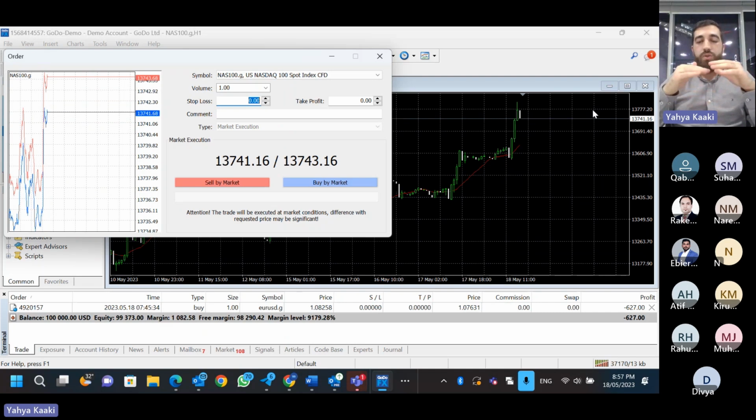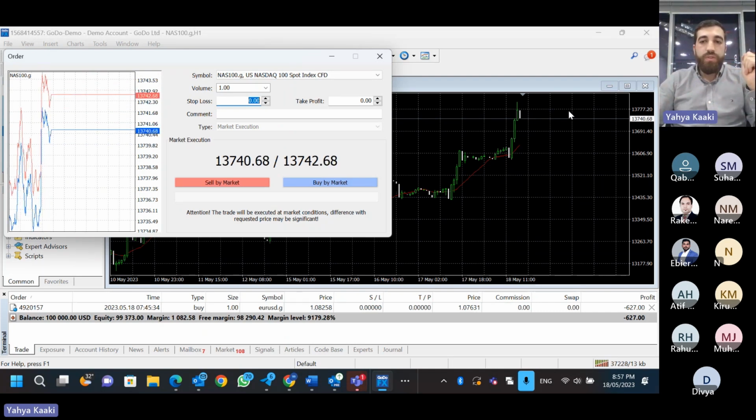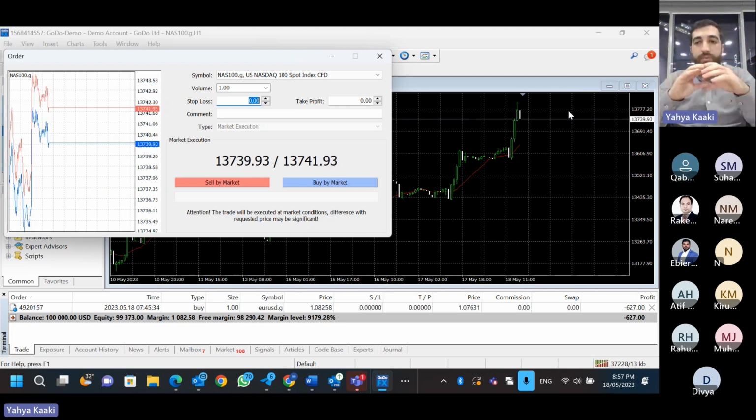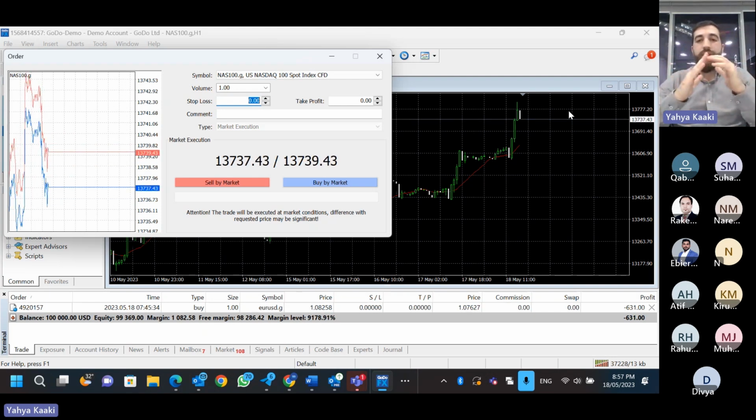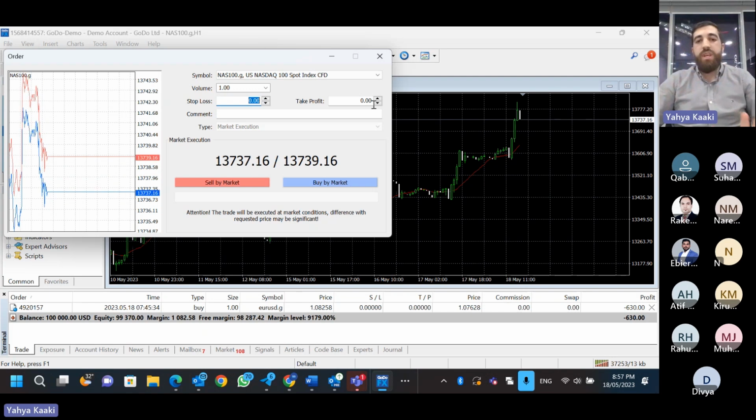Now we see here commissions. Of course, as a rule, we have zero commissions. Swaps are imposed by the bank, it's not something that the broker gives. Swaps are imposed from outside, and they come if you keep any trade overnight.